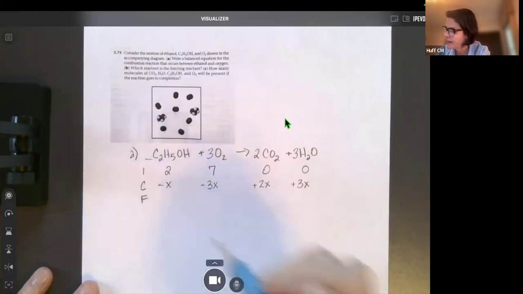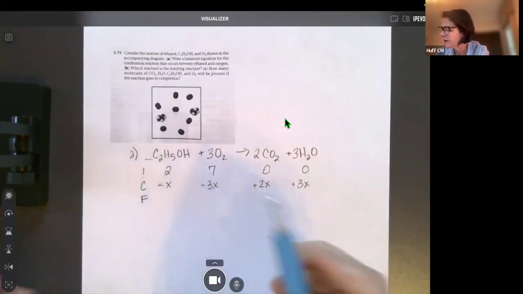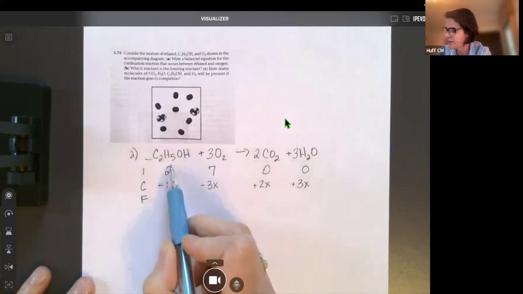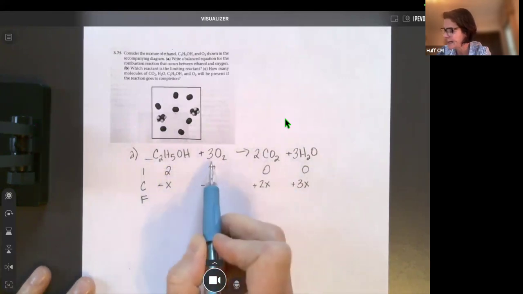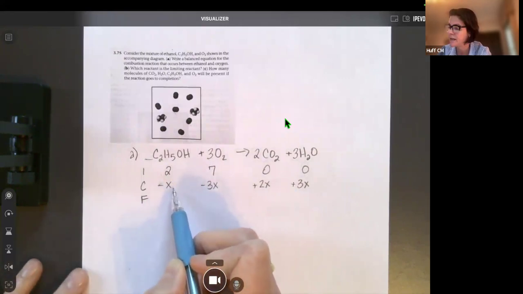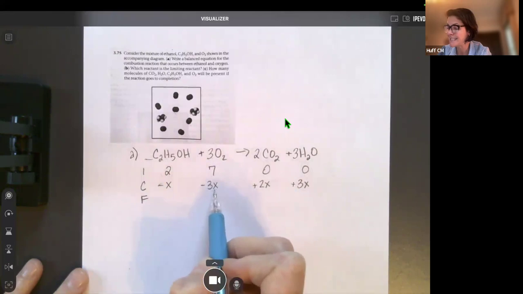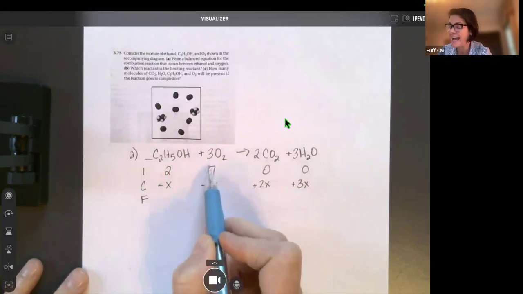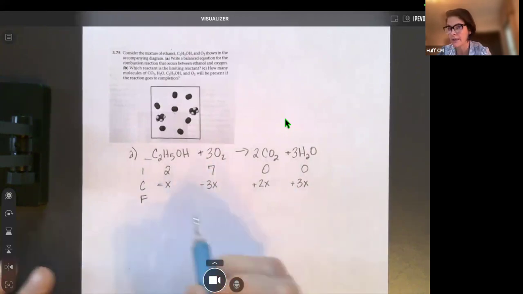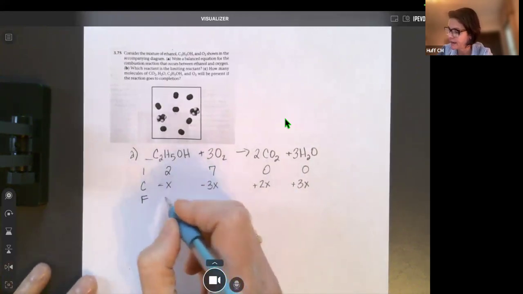All right, so I need to figure out which is the limiting reactant. If all 2 of these ethanol molecules react, so x equals 2 in that case, then I'll need 6 oxygen molecules. I have that. I've got 7, so that works. So I'm just going to go with that.